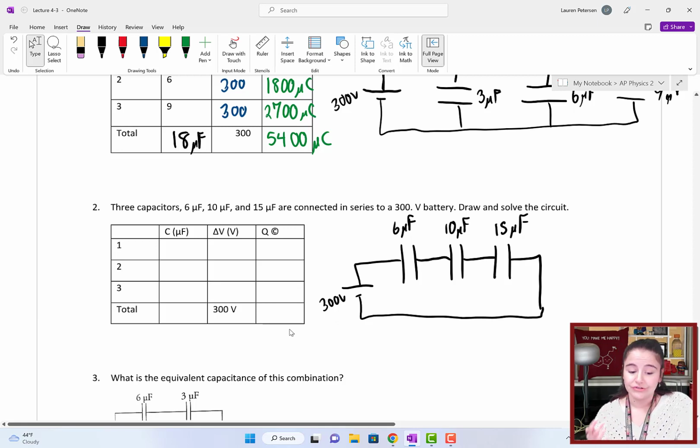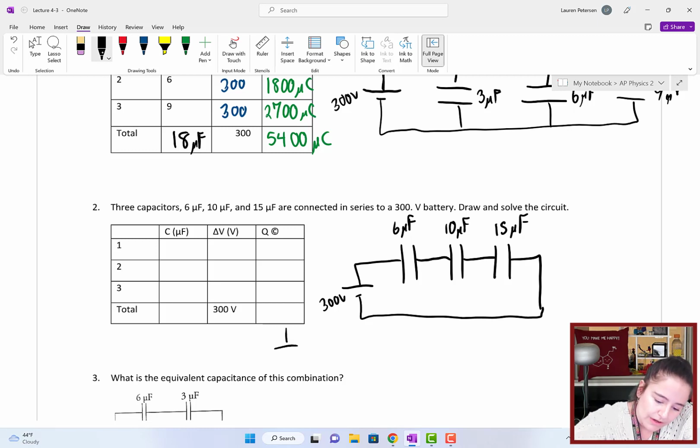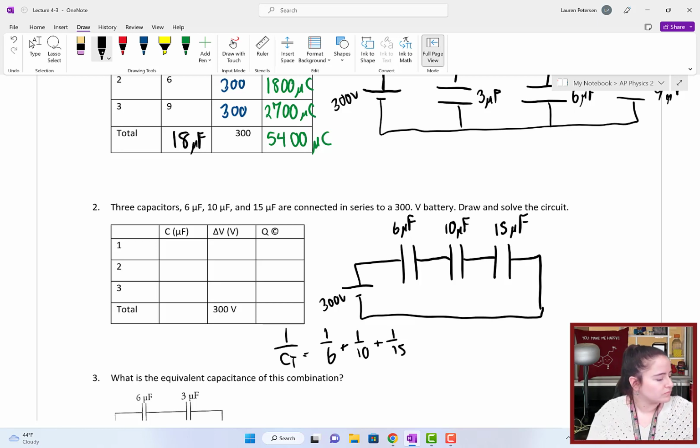So what we're going to need to do first, the only thing we really can do first, is calculate our total capacitance. So 1 over C total equals 1 over 6 plus 1 over 10 plus 1 over 15. I can plug that into my calculator: 1 over 6 plus 1 over 10 plus 1 over 15, and 1 divided by that gives us a total capacitance of 3 microfarads.